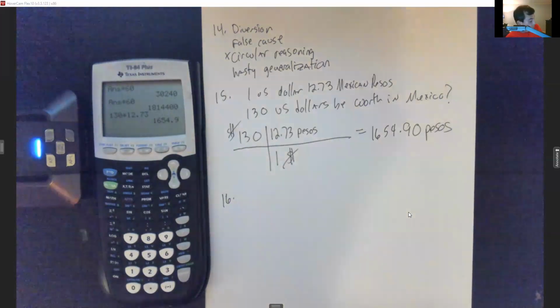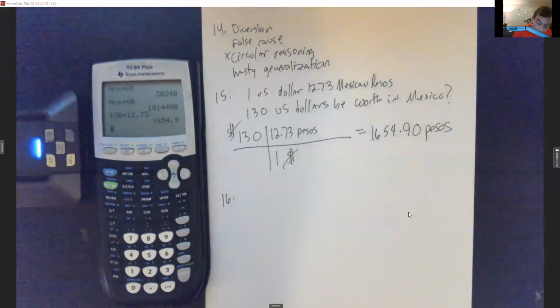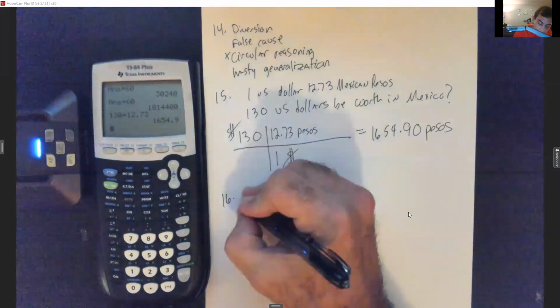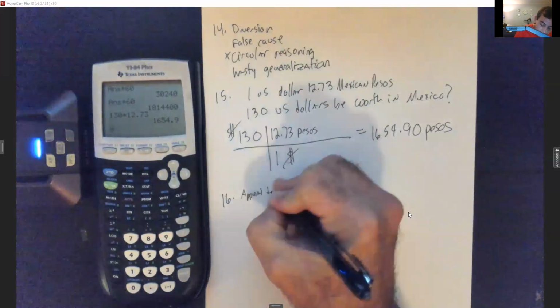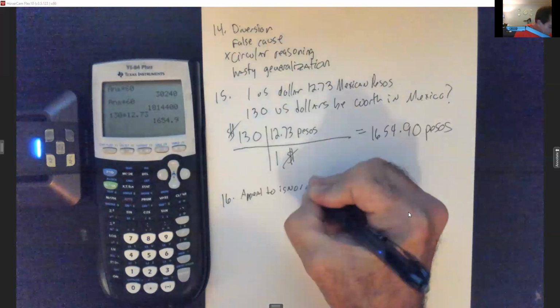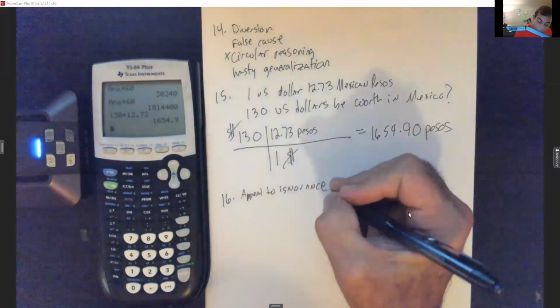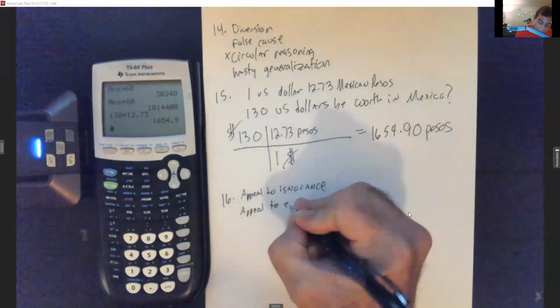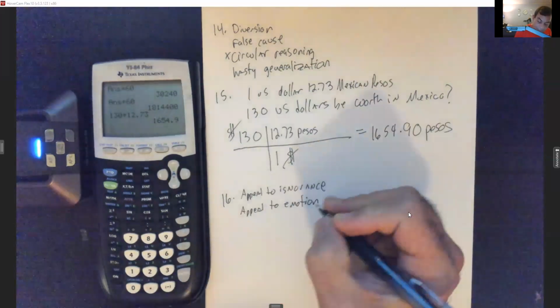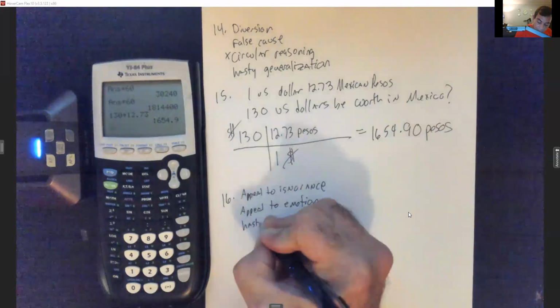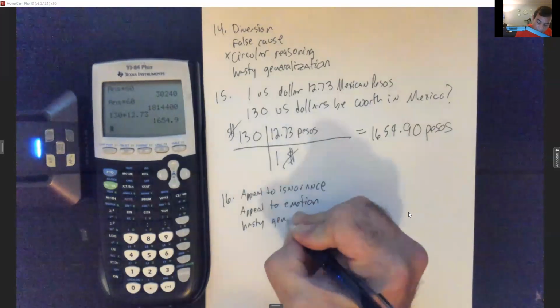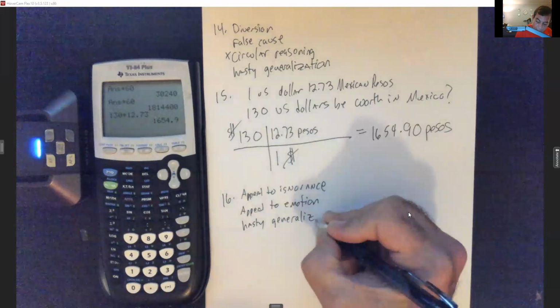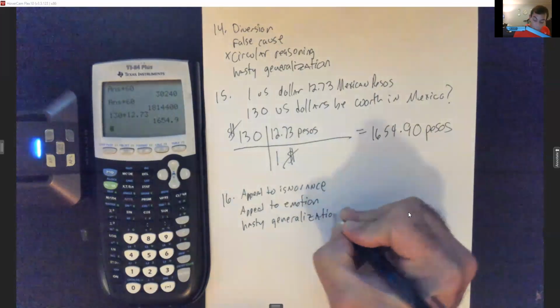Identify the fallacy. So this is like the 5th one. So your choices are appeal to ignorance, appeal to emotion, hasty generalization, or diversion.